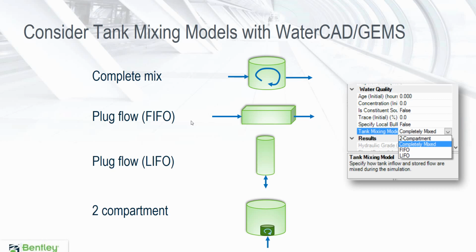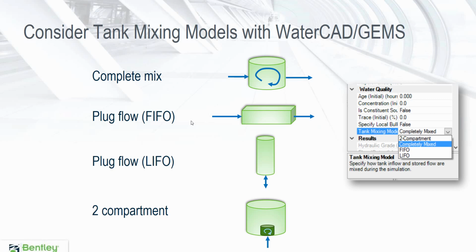Depending on the type of tank, it could be plug flow or it could be two compartment. Two compartment, that option at the bottom, you might see that one often if you have a really wide tank where water comes in at one point in the middle of the tank and leaves, but the perimeters of the tank are not really well mixed.